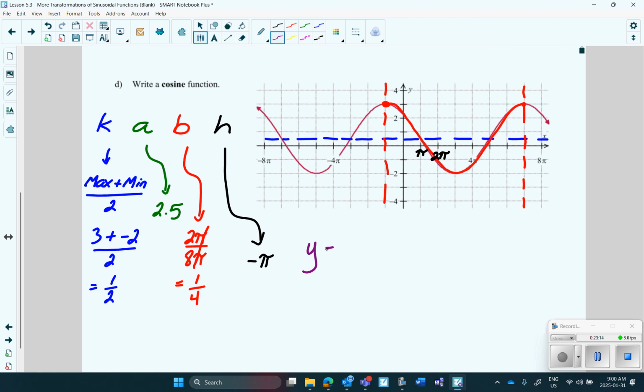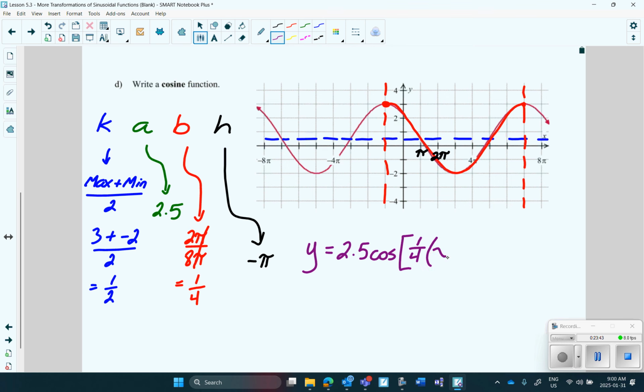So our equation is y equals, sorry, we need a value for a, 2.5 cos. Open bracket. B is 1/4 or 0.25. It's okay to have a mix of decimals and fractions, and it's still correct.